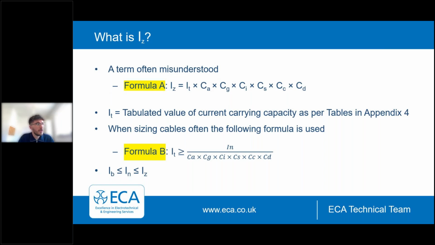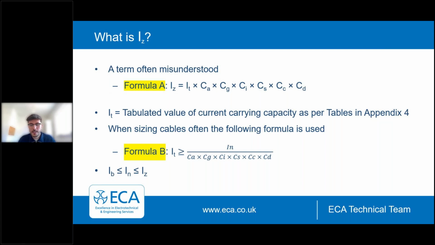So, for example, we may have a grouping factor, which would be CG, which may then derate the tabulated value of current carrying capacity to give us our IZ value. Now, looking at this Formula A still, as we can see, IZ and IT would only ever be the same if all of the rating factors were 1. And that is essentially the only way that these values would be equal to each other.